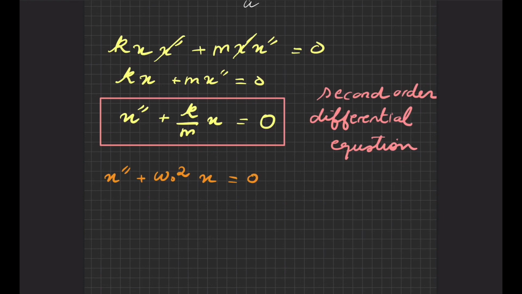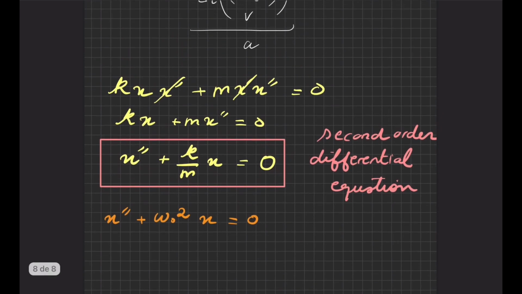Now, why it is squared, why it's omega 0, that's just how we name it. What's the meaning of omega? It's the angular frequency. If you remember from last year when you took rotational motion, the angular frequency is denoted by omega. This equation describes the oscillation of the body.